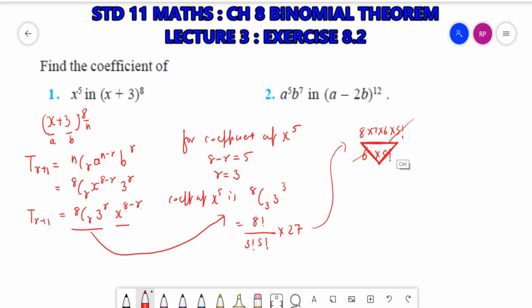Okay, so 8 sevens are 56 into 27. When you solve this, you will get 1512. So the coefficient of x raised to 5 is 1512. Clear? So this was about the first question. Just note it down.